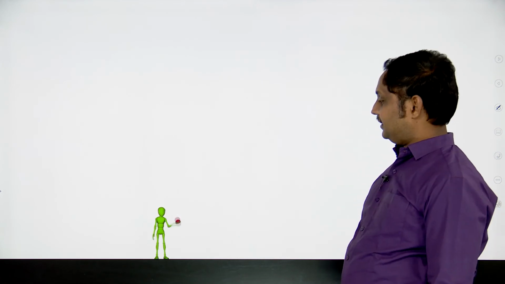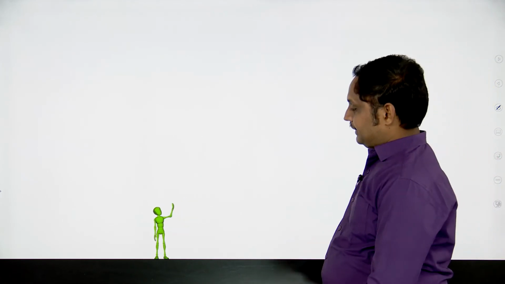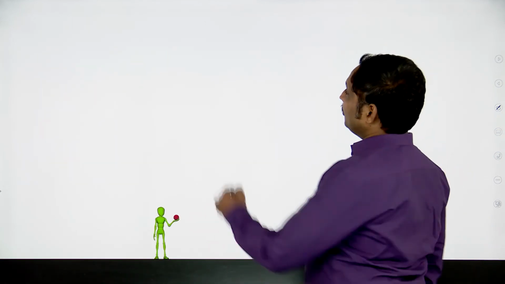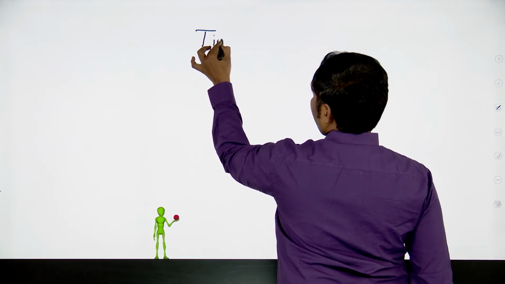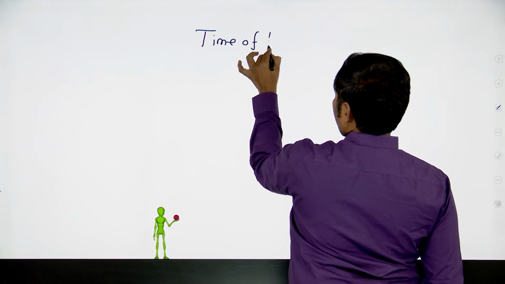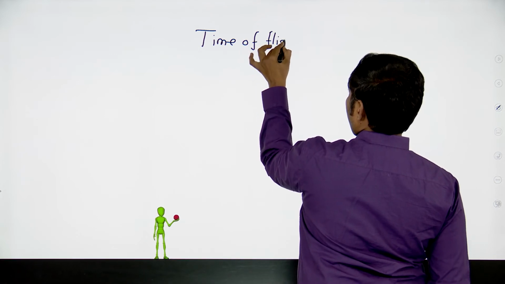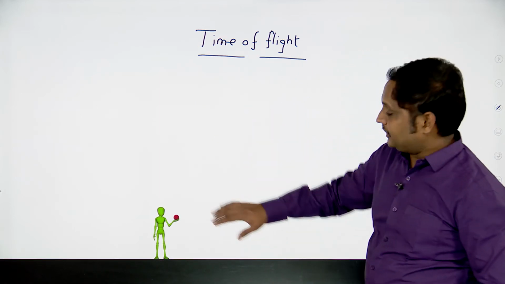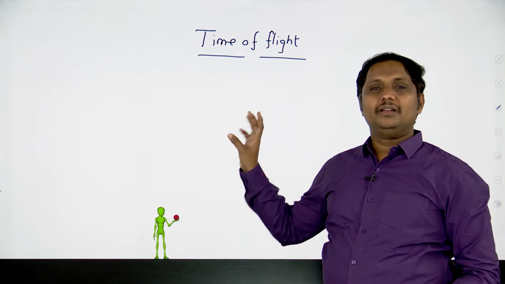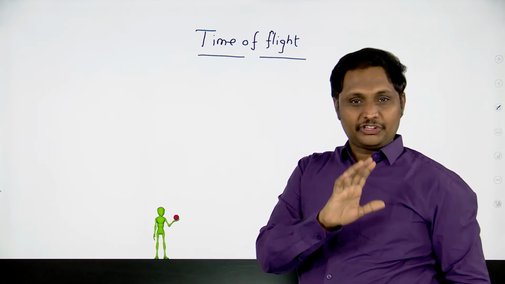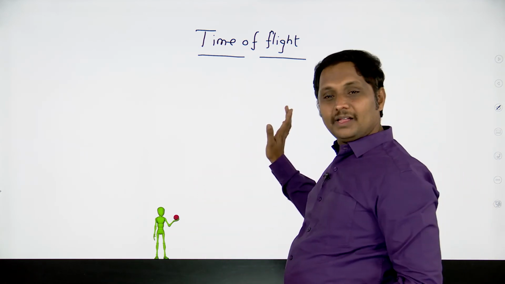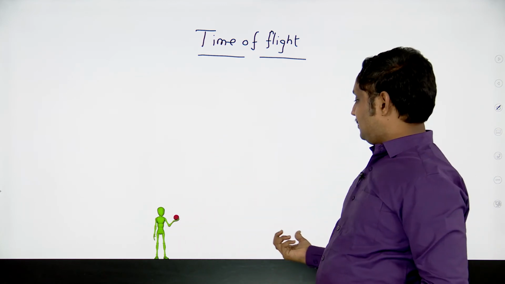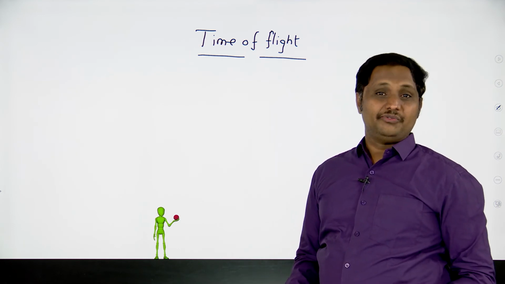We would like to go for the time of flight. While you are talking about time of flight, you have to take this one. It's going to be the time spent by the projected particle in the air, from the point of projection to the terminal point, before reaching the ground.